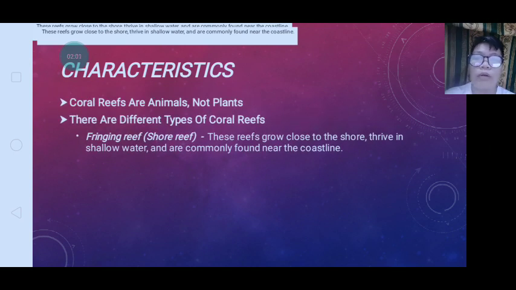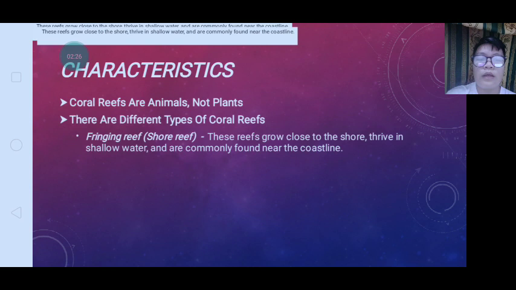There are different types of coral reefs. Number one is the fringing reef or the shore reef. These reefs grow close to the shore, thrive in shallow water, and are commonly found near the coastline. They are not very wide but can grow kilometers along the shore. Fringing corals begin to grow from the coast and spread outwards to the sea as time passes.